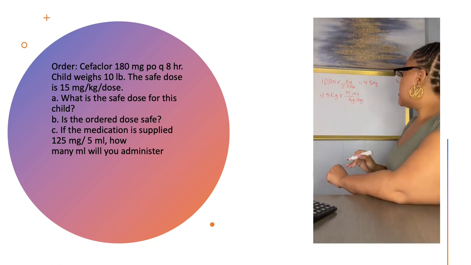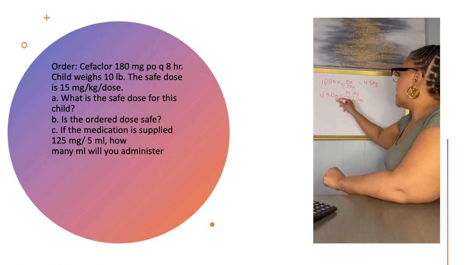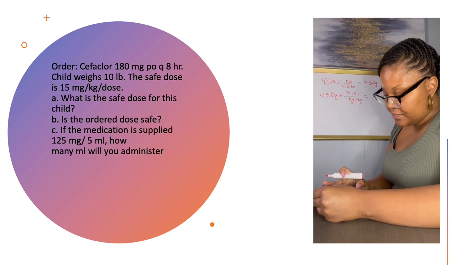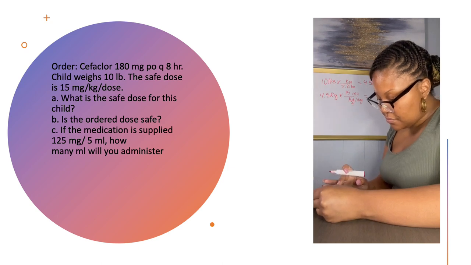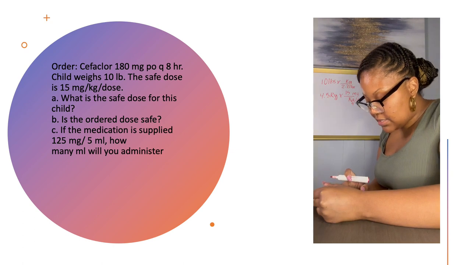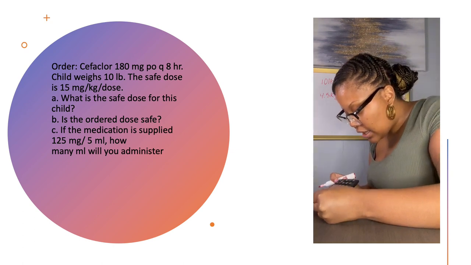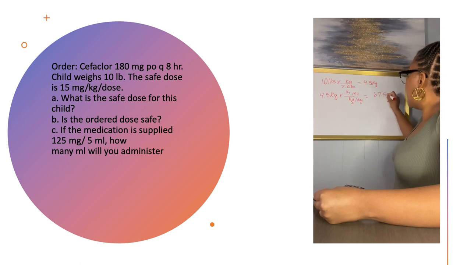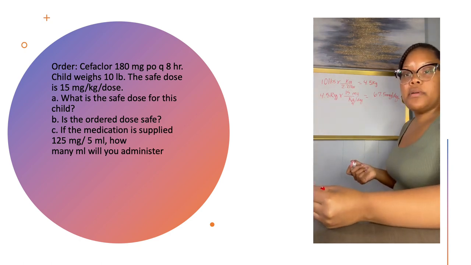All right? So now we do cancel out. So now we do 4.5 times 15. And our answer is 67.5 milligrams a day.